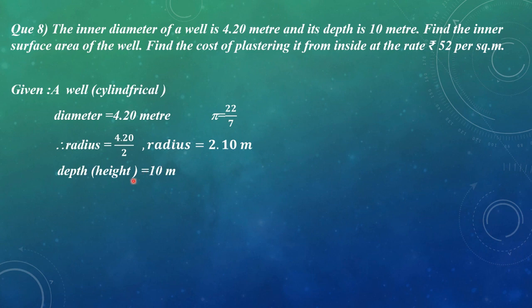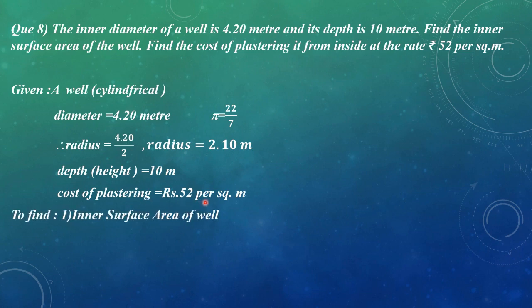Depth, that is height of the cylinder, is 10 meter. Cost of plastering is rupees 52 per square meter. We have to find the inner surface area of the well. We have also to find cost of plastering from inside the well.